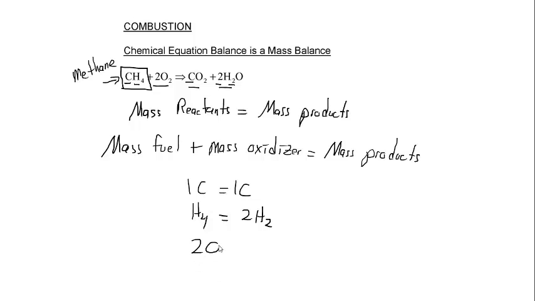And then there would be 2 atoms of oxygen on one side, and on this side as well there would be 2 of oxygen. So you should be able to balance out these equations, assuming that you did this in Chemistry 101. All right.